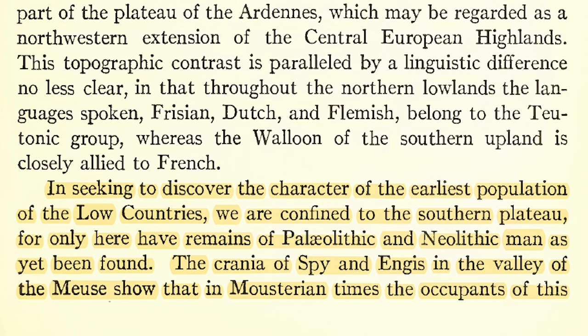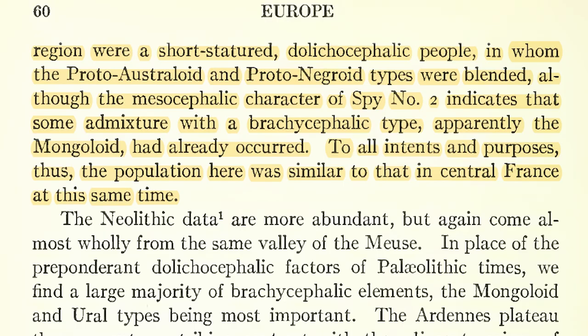We see that the remains of Paleolithic and Neolithic man were found, and the people were short-statured dolichocephalic people. So we have the presence of the proto-australoid and proto-negroid mixed types of people there. Then we have some admixture with brachycephalic people too, and they attribute that to the Mongoloid type.